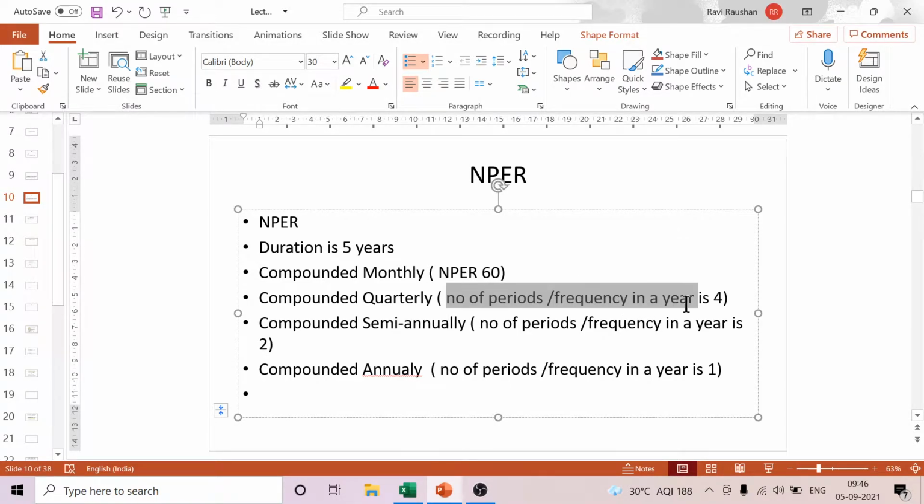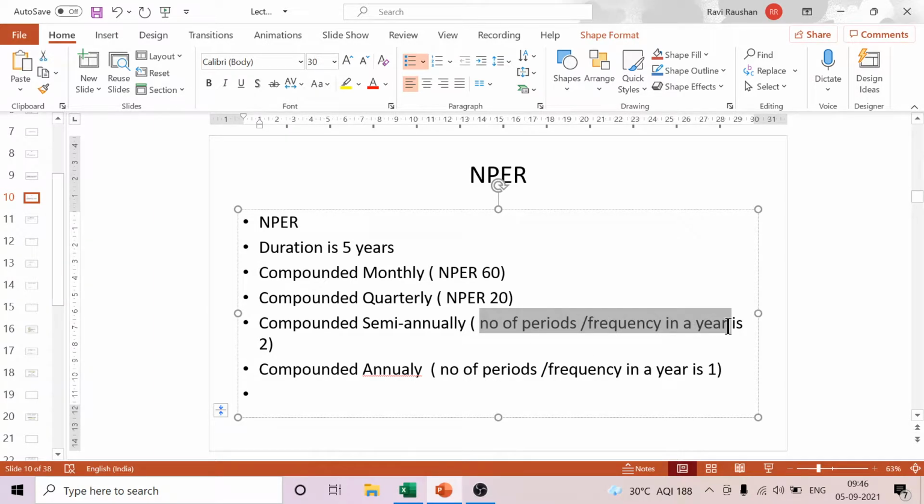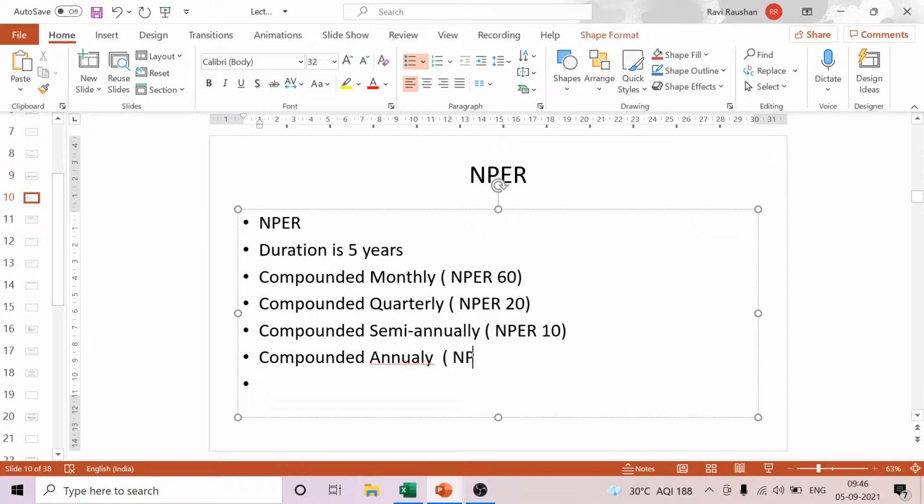If it is quarterly, NPER becomes 4 into 5, that is 20. If it is semi-annually, NPER becomes, for this particular case, 5 into 2, that is 10. And if it is annually, of course, it remains the year. So that means if it is 5 years, number of periods is 5 if you are doing it annually.